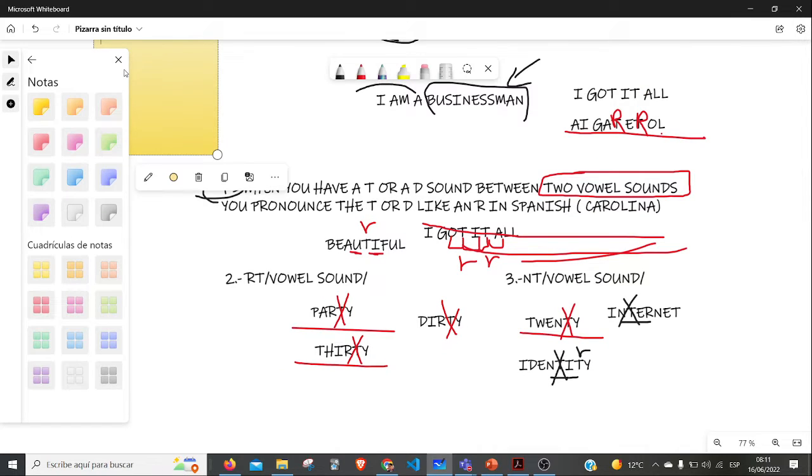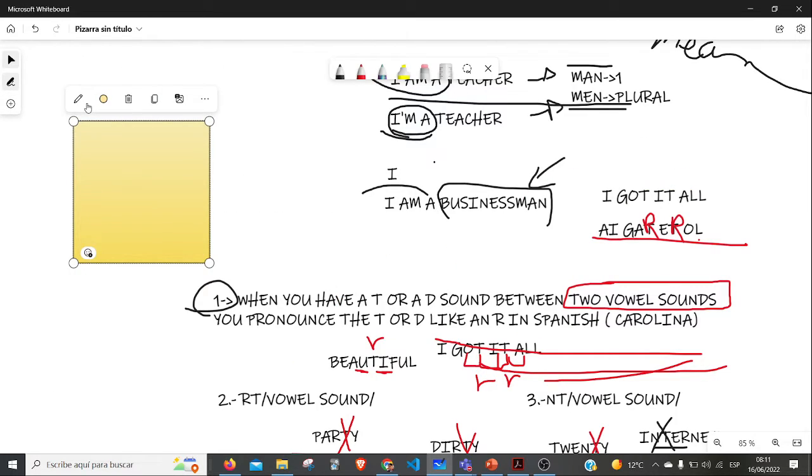Okay, we have the expression to come across, to come across as. In Spanish, it means dar la impresión de. So for example, if you want to come across as a native, you have to use these rules.